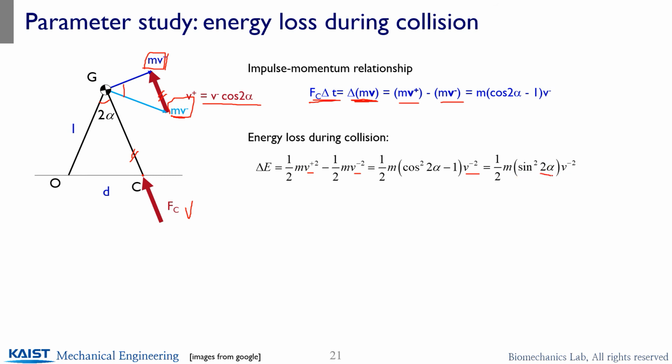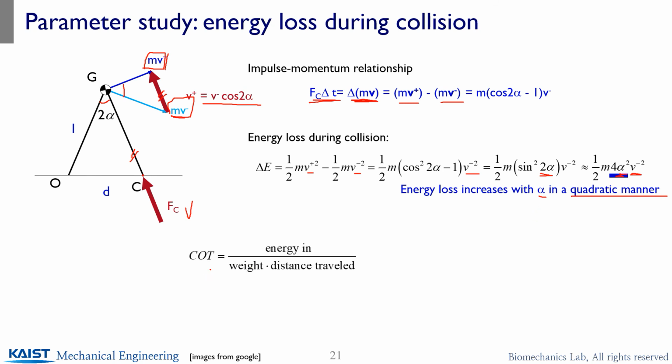For a small angle, this is approximated as something like alpha square times v minus square, the before-collision velocity square. As you can see here, if you have a larger interleg angle, the energy loss increases in a quadratic manner with alpha. That's intuitive.